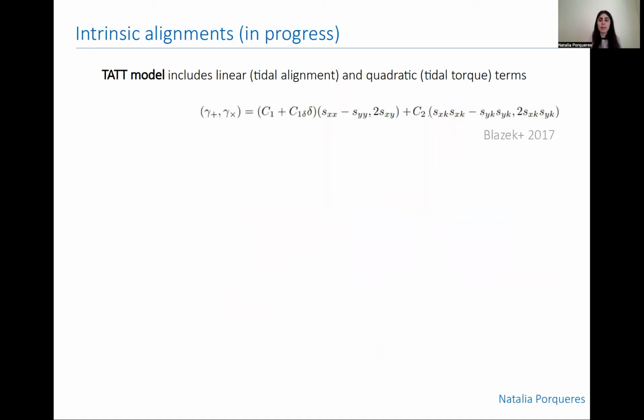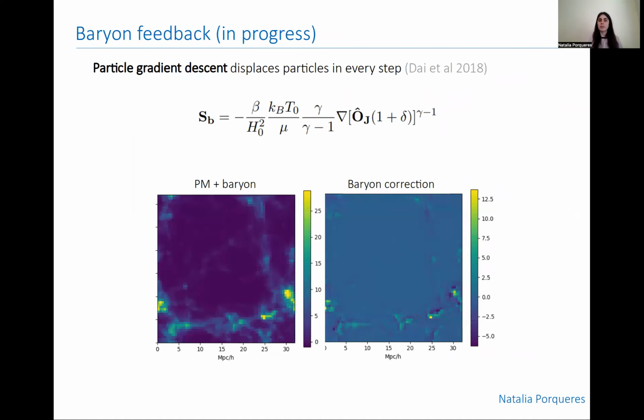Yeah, so this is how the baryon feedback looks. This is the displacement field that we use to correct the position of the dark matter particles. We have the density field, the dark matter only density field. Then we have a smoothing operation here at the gene scale, the gradient, and then some constants and coefficients.